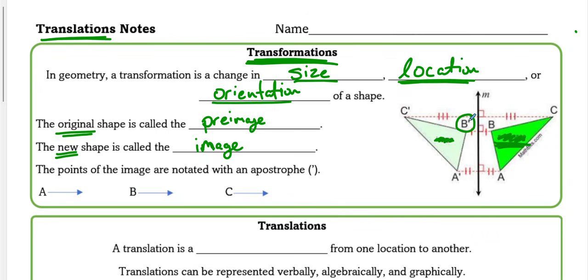The way we would read that, we would say that is prime. So we would say that's A prime, B prime, and C prime. The apostrophe tells you that that's the new point where that point ends up.